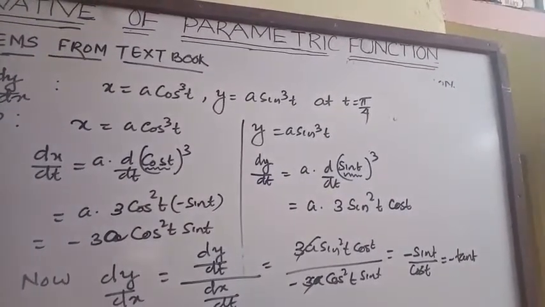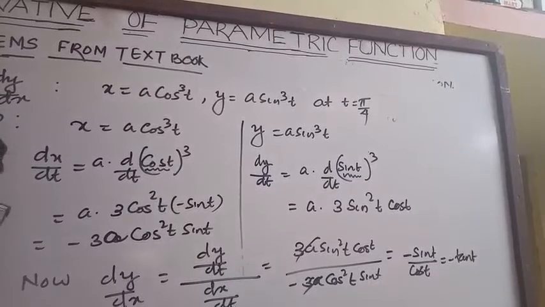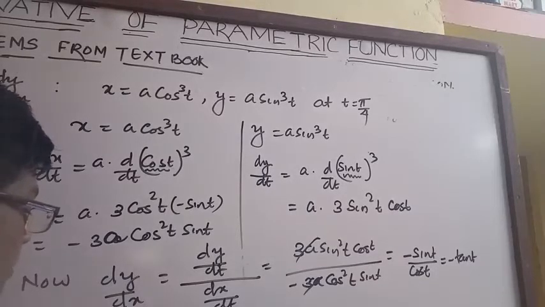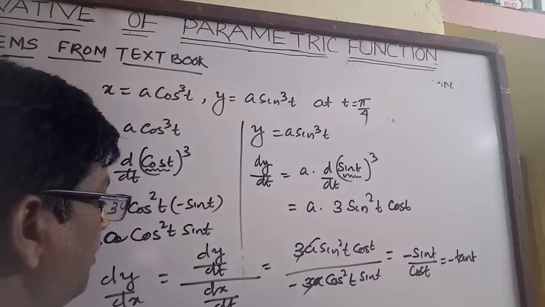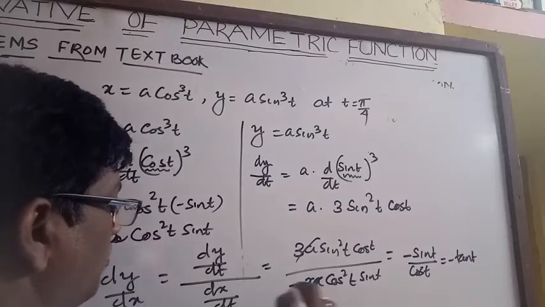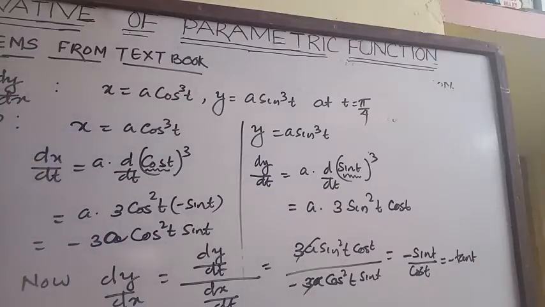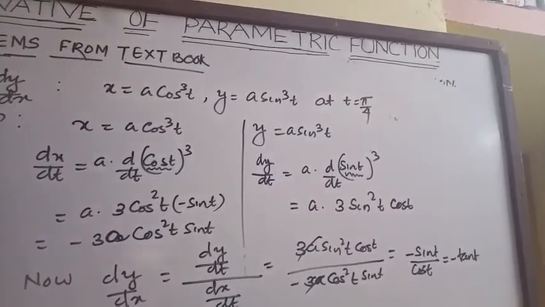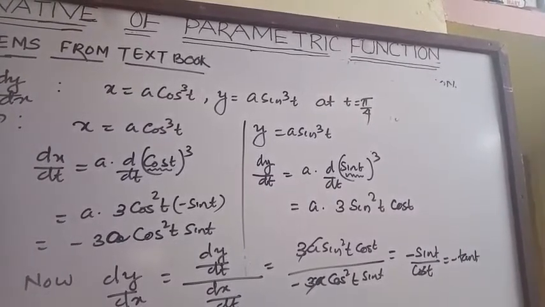Therefore dy by dx at t equal to pi by 4 is equal to minus tan pi by 4, which is equal to minus 1. Clear? And which is equal to minus 1. Okay? This is the solution of this question.